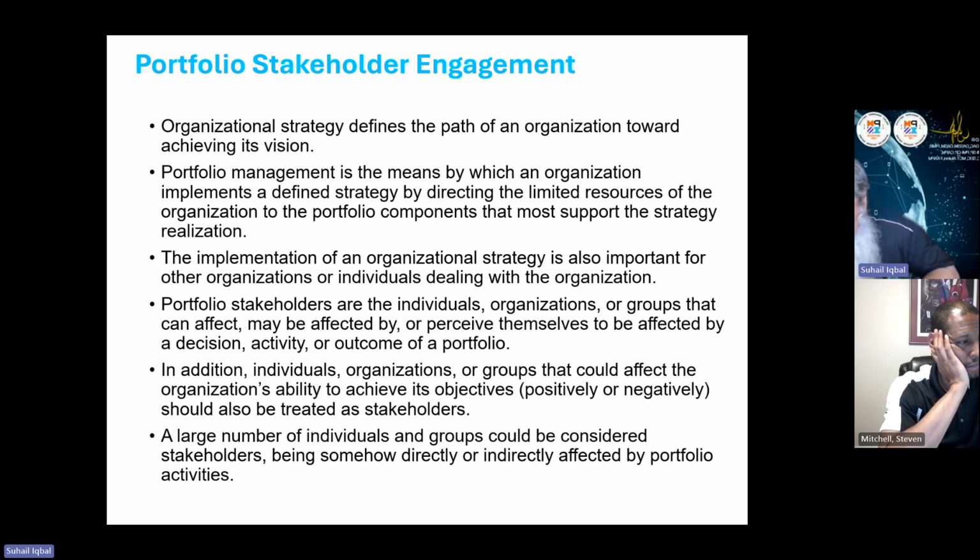All the stakeholders in the first definition, which we have seen, they could either be positive or negative to the initiative or to the portfolio. Maybe positive and maybe negative. But we have to deal with all positive and negative as stakeholders. And then the third distinction is they may be directly affecting or they may be indirectly affecting.